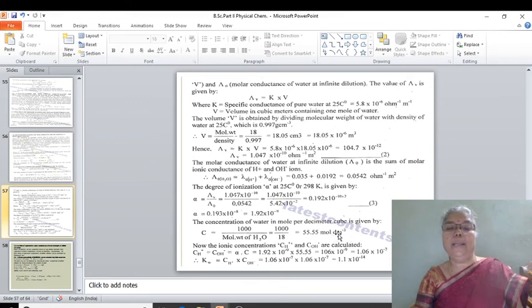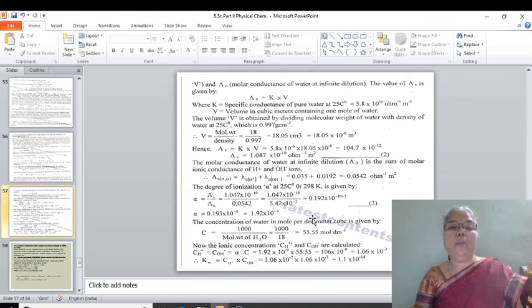Now the ionic concentration of H plus ion and OH minus ion is calculated: the concentration of H plus is equal to the concentration of OH minus ion, and it is equal to alpha into C, where alpha is the degree of dissociation and C is the concentration.